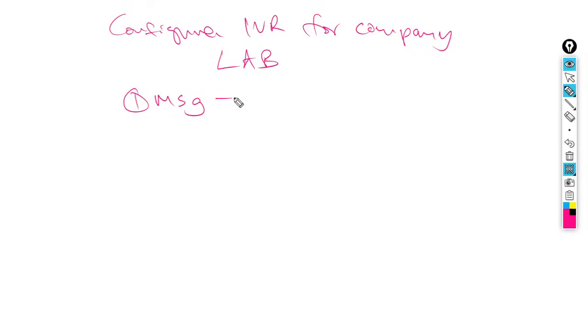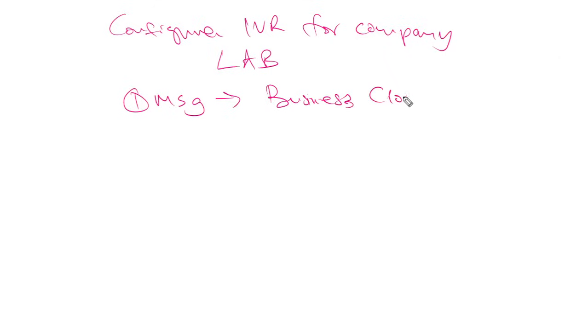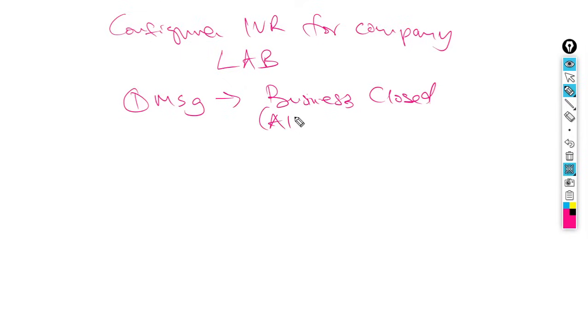Message number 1 is going to be a message for business closed. When the business is closed, which means after hours, it is going to play a message that we are closed.